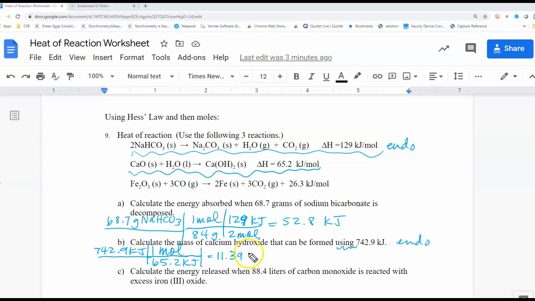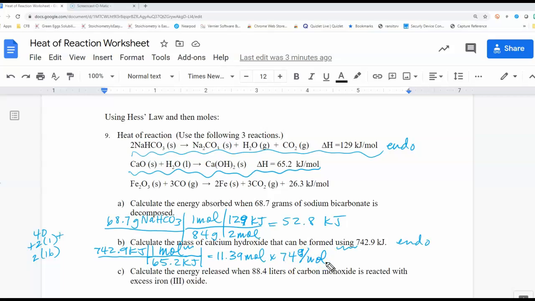And so in moles I'm getting 11.39 moles. So that's going to be moles of the calcium hydroxide, but I need mass. So I'm going to multiply the moles by calcium hydroxide's molar mass, and that's going to be 40 plus 2 times 1 for the hydrogen plus 2 times 16 for the oxygen. So that's 42 plus 32, and that's going to give me 74 grams per mole.